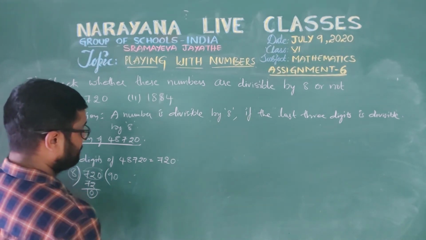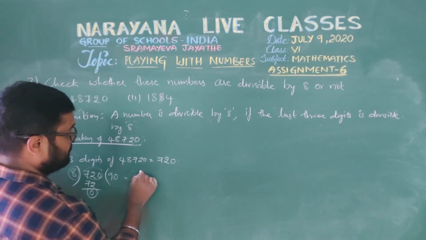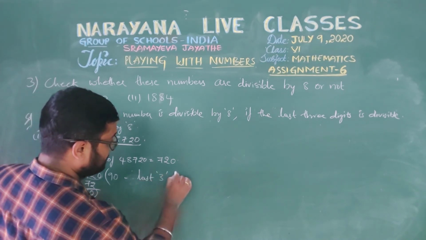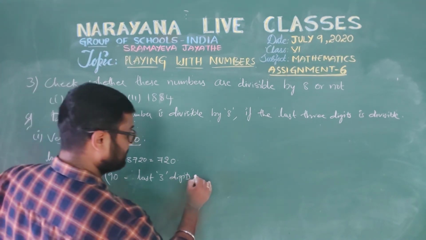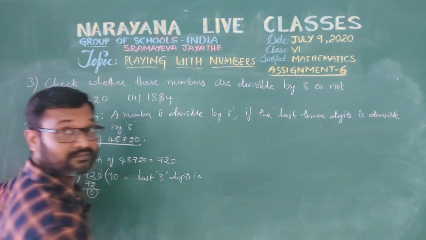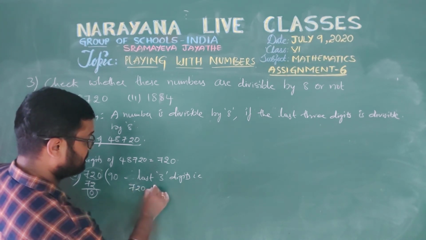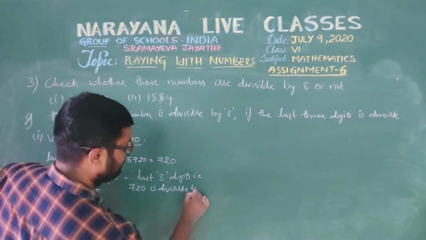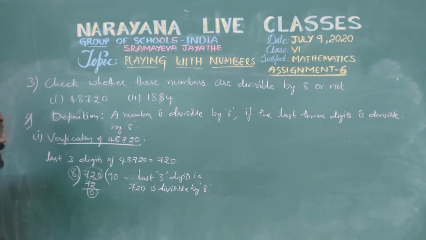Therefore, the last three digits, that is 720, are divisible by 8.